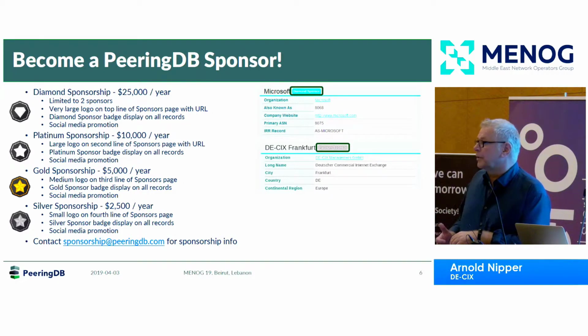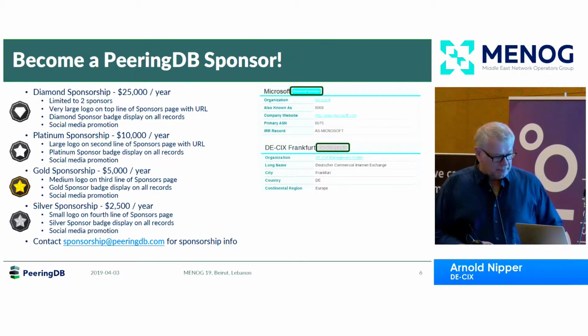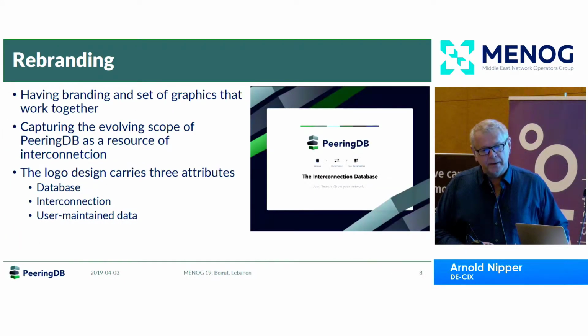They say, if you want to peer with me, you have to have a peering record, and then they automatically retrieve all the information which is needed for peering from PeeringDB, and by that they save a lot of money. This is a list of our sponsors, thanks to them.